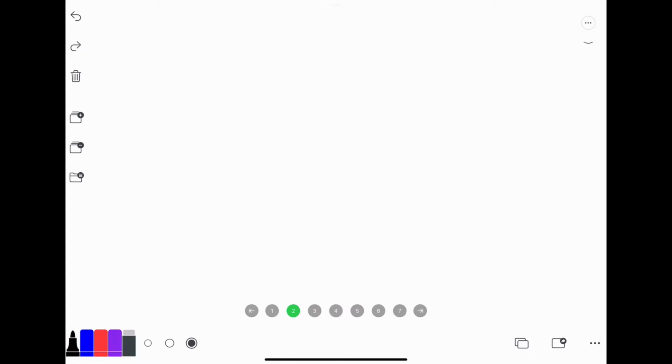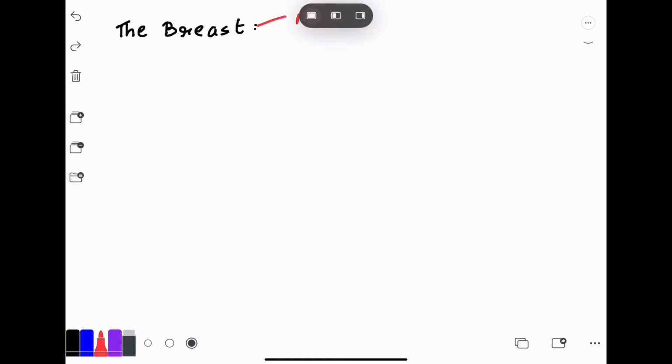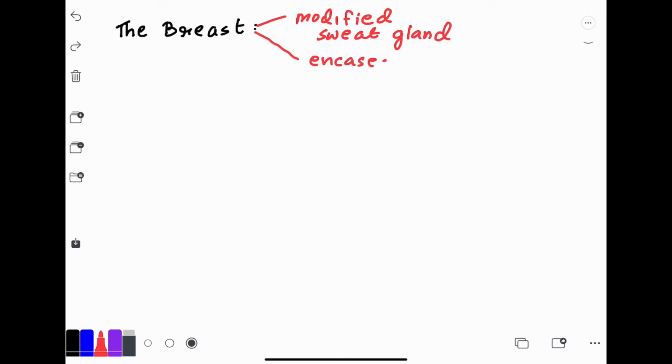So basically let us start with the breast. The breast is a modified sweat gland, and it is encased in a superficial fascia.